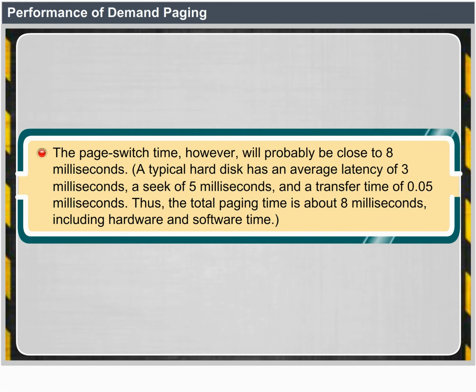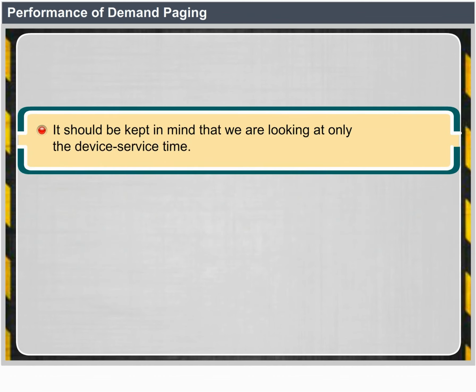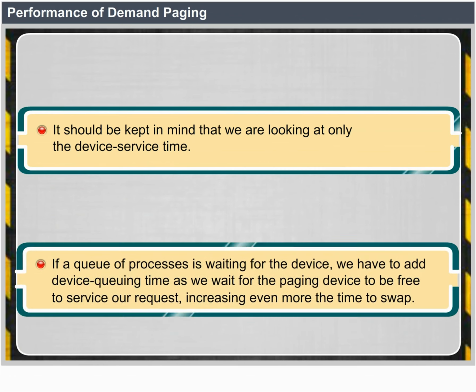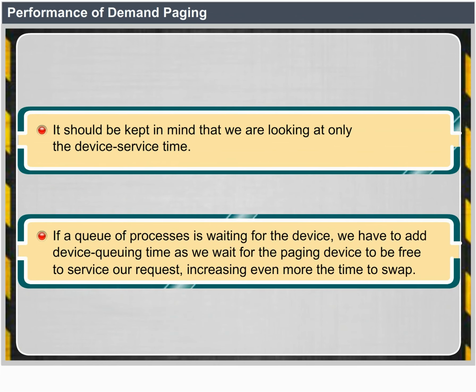Thus, the total paging time is about 8 milliseconds, including hardware and software time. Remember also that we are looking at only the device service time. If a queue of processes is waiting for the device, we have to add device queuing time as we wait for the paging device to be free to service our request, increasing even more the time of swap.